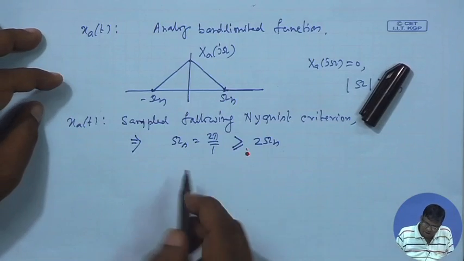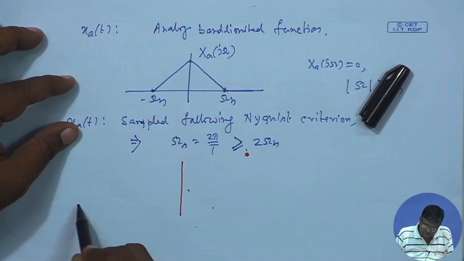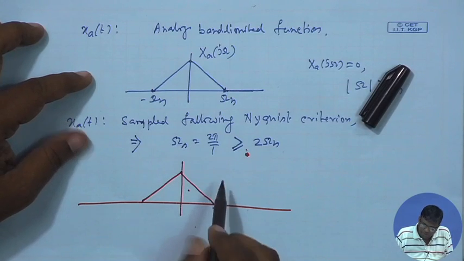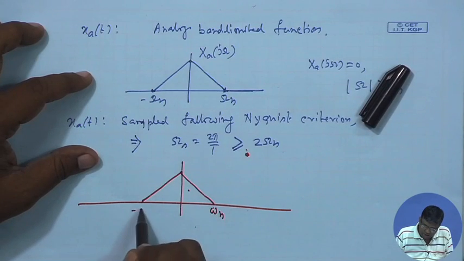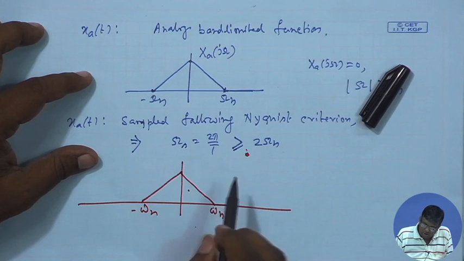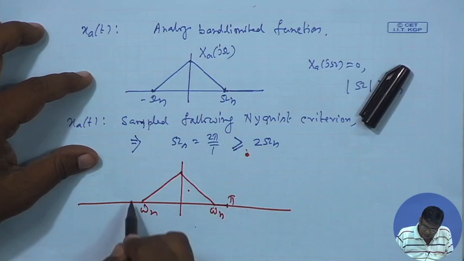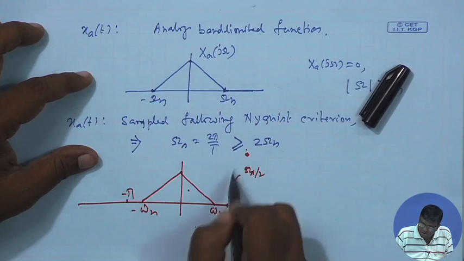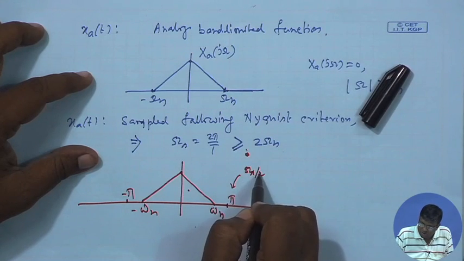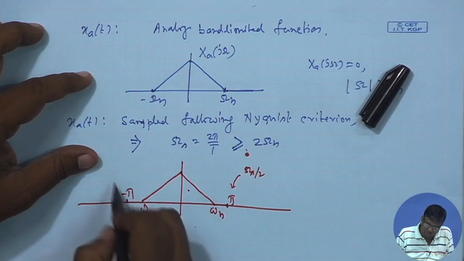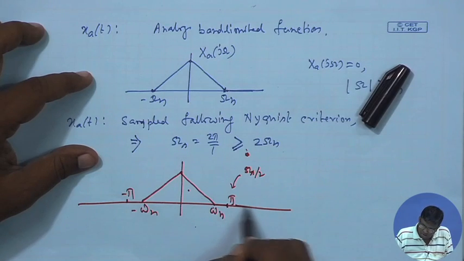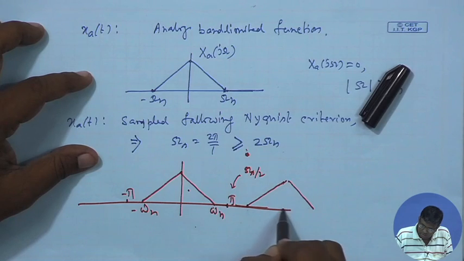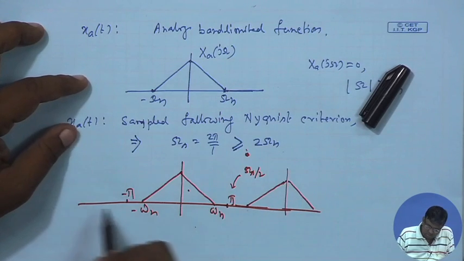Okay. So, we have seen DTFT will be like this, replica of that will come here, it will be omega h and it will go up to pi and minus pi. This corresponds to omega s by 2, analog sampling frequency by 2, in digital domain maps to pi and minus of that maps here, and again dot dot dot.